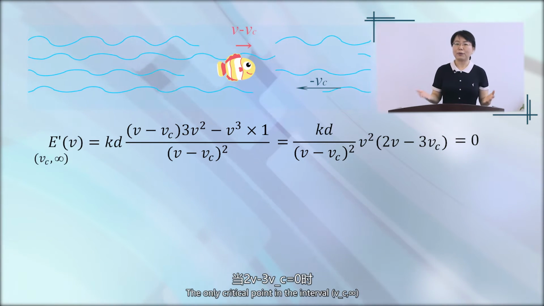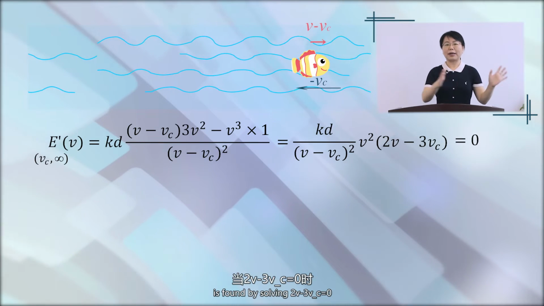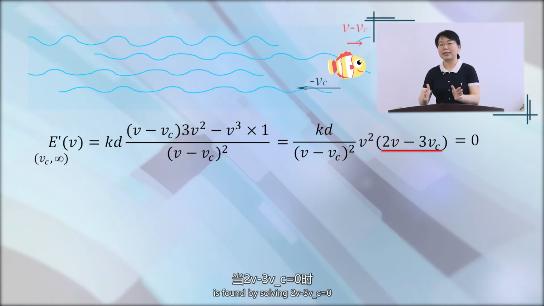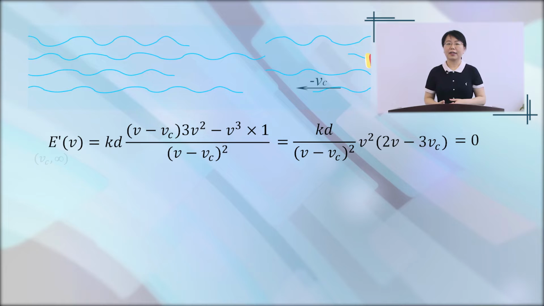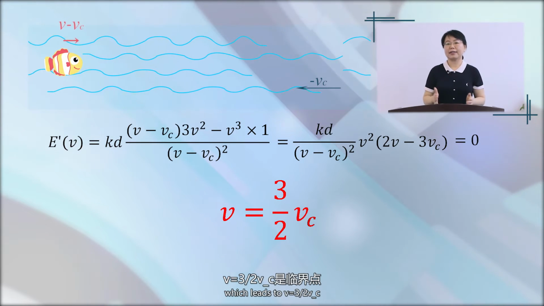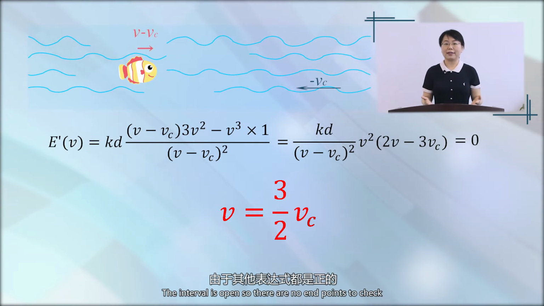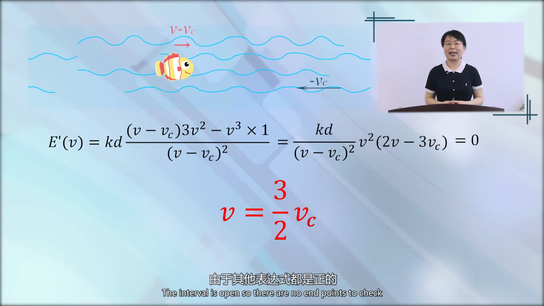The only critical point in the interval v sub c to infinity is found by solving 2v minus 3 v sub c is 0. And it's easy to solve that. This leads to v is 3/2 v sub c. The interval is open, so there are no endpoints to check.